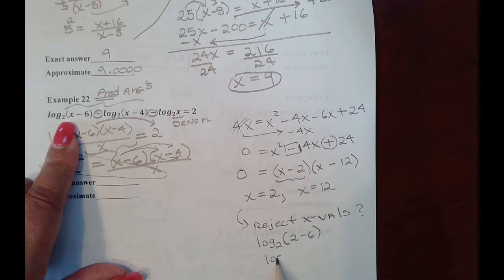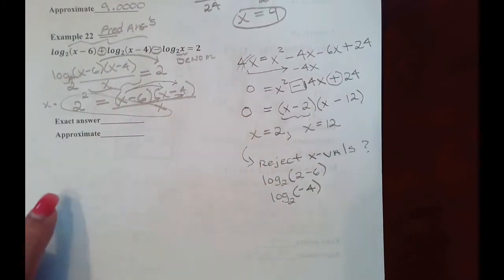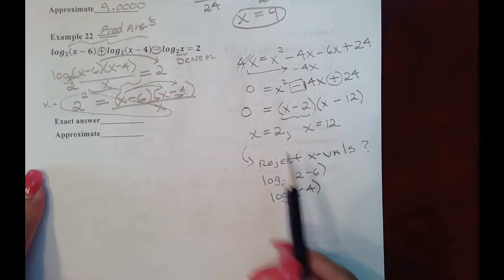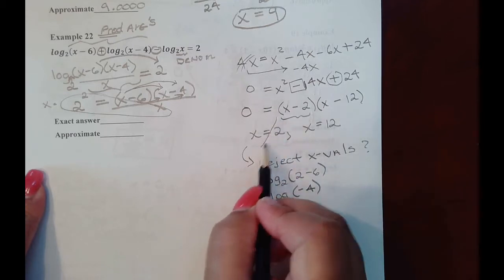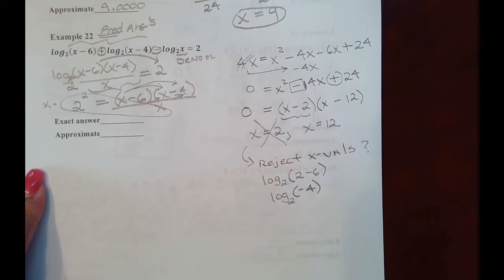You would then have log of a negative argument. This is called the argument. It does not matter what base it is. If that argument is negative, the value that caused it needs to be rejected. No need to check it in any of the other log expressions. It's already ruined the first one.